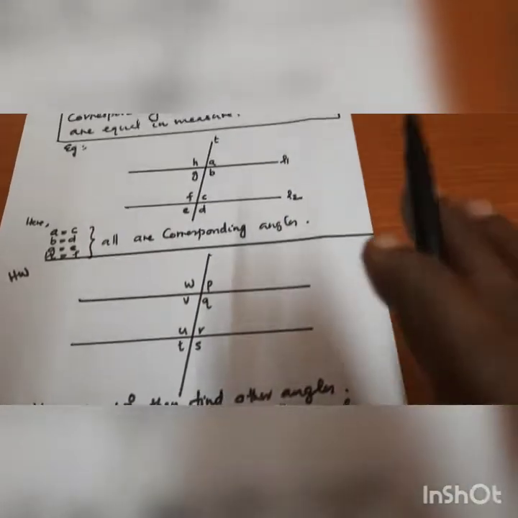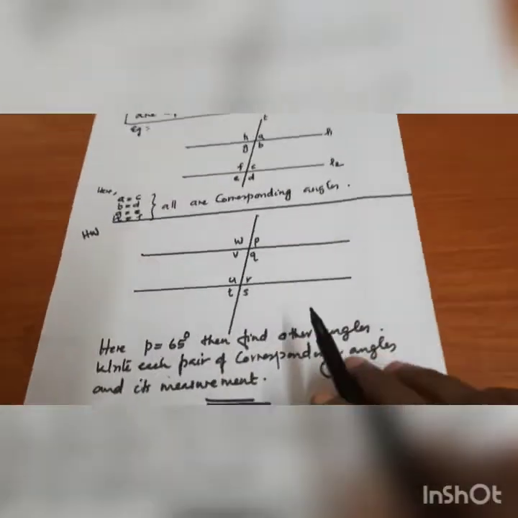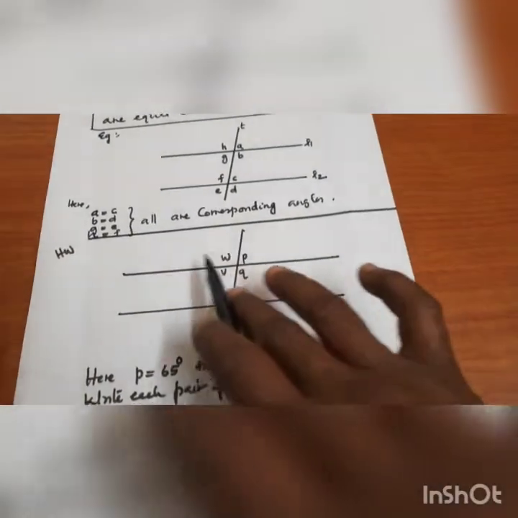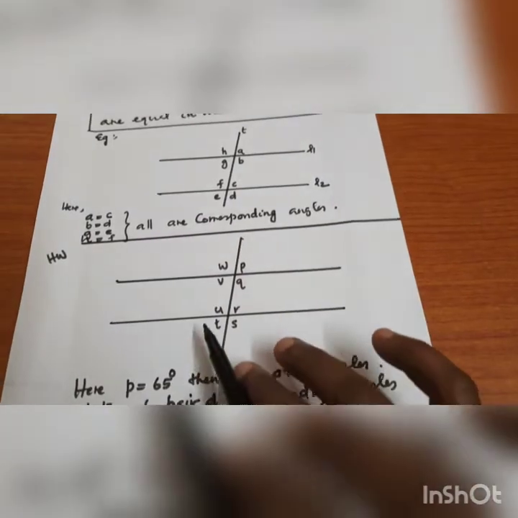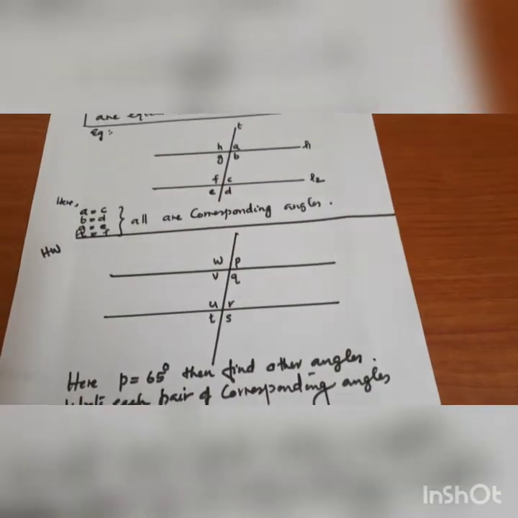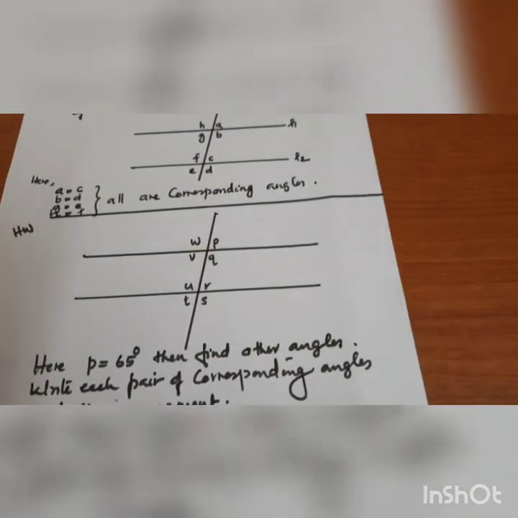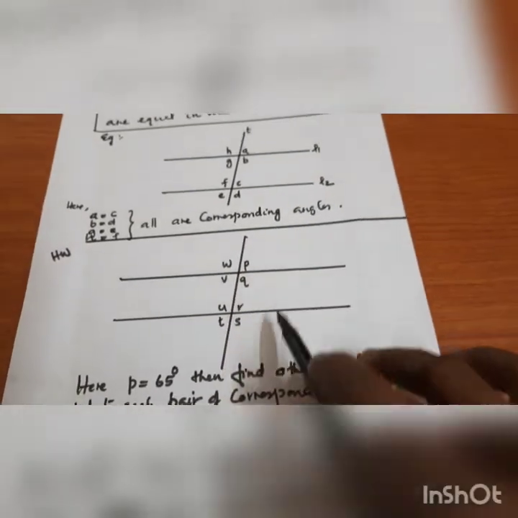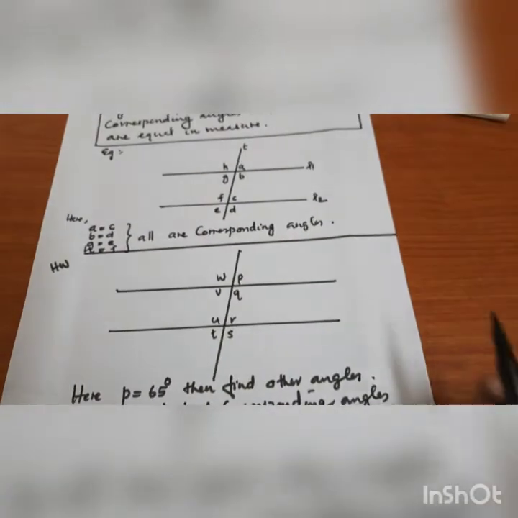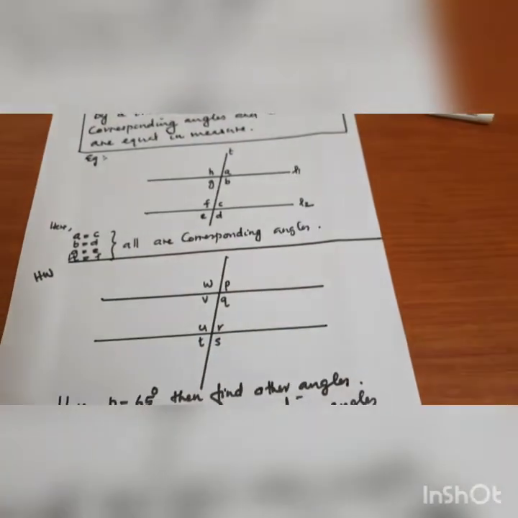Then here is also one homework for you. Here is a figure, and the angles are named P, Q, R, S, T, U, V and W. Here P is equal to 65 degrees. You have to find out the other 7 angles as we did earlier.